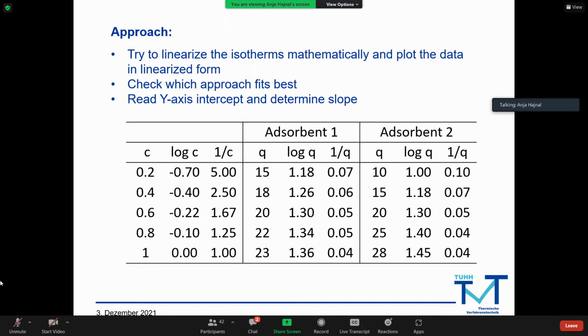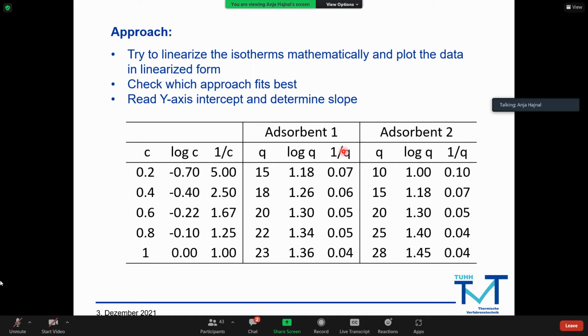When you calculate, this is what you should get for adsorbent 1 and for adsorbent 2. This is the bulk phase concentration, and this is the loading on adsorbent 1 and adsorbent 2. This logarithm value is coming from the linearization of the Freundlich isotherm, and this 1 over C value, and also 1 over Q here, is coming from the linearization of a Langmuir isotherm.